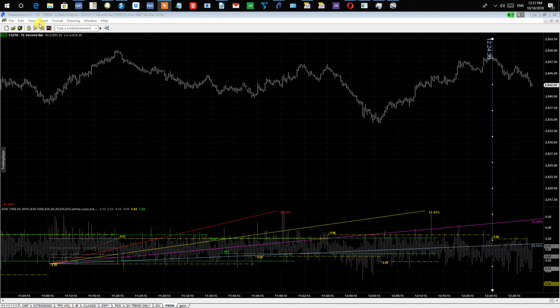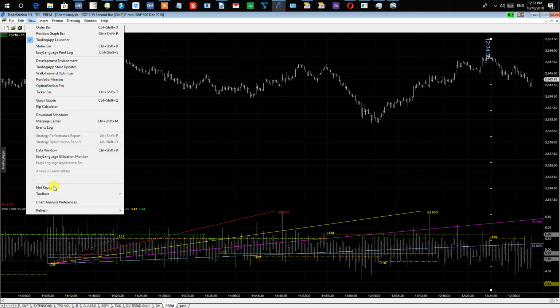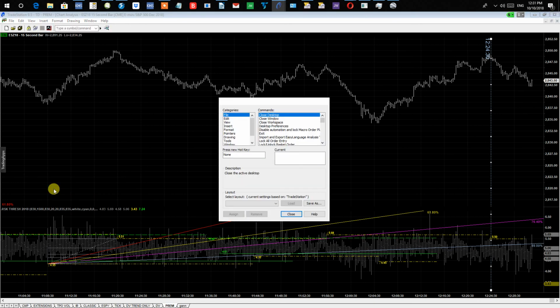And what you do in order to cause that to occur, come over here to hotkeys, go to view, go to hotkeys, and your setup is in here.